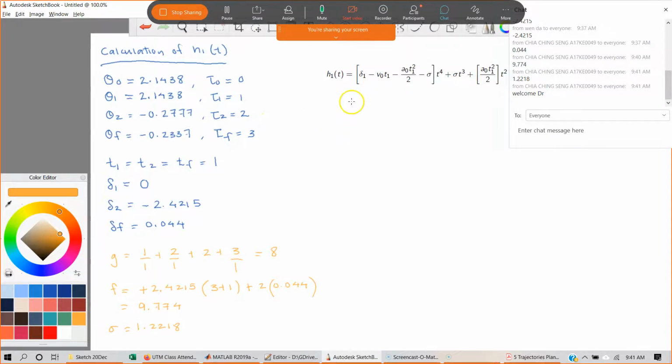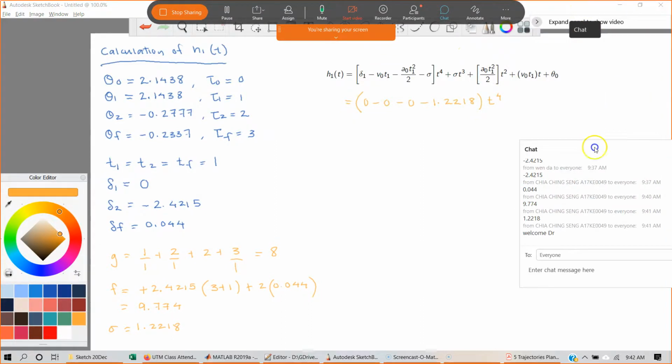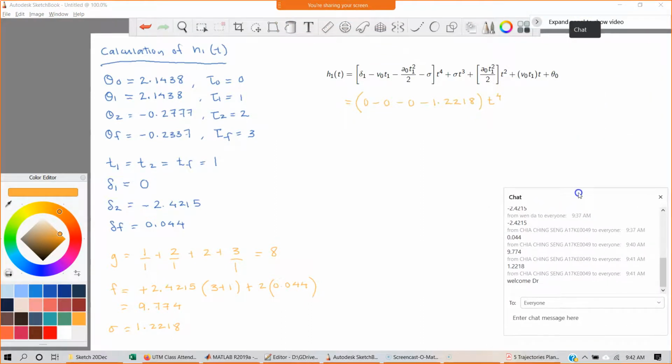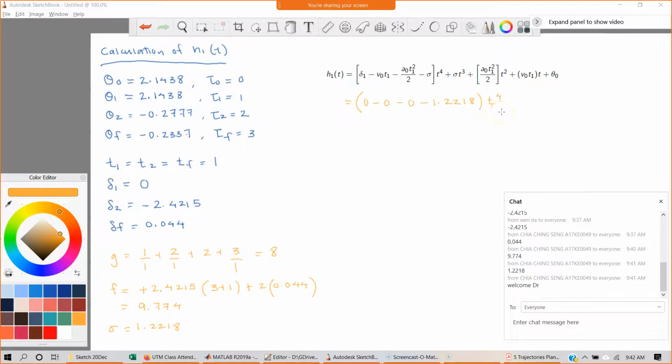Alright, so delta 1 is 0, 0 minus 0 minus 1.2218, t to the power of 4. Remember H1, we are doing 4-3-4 trajectory, right? So the H1 is a 4th degree polynomial.